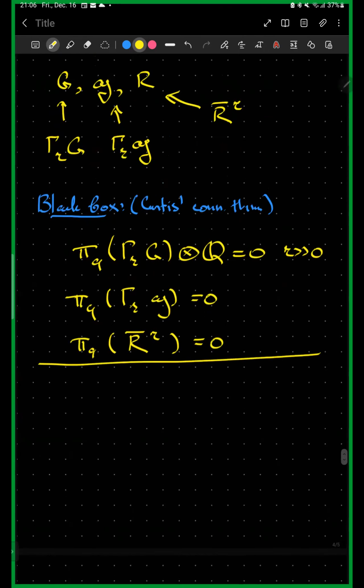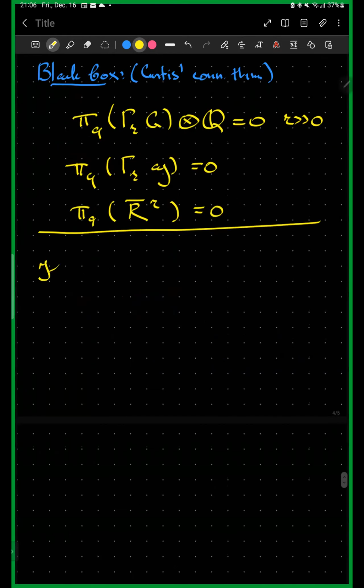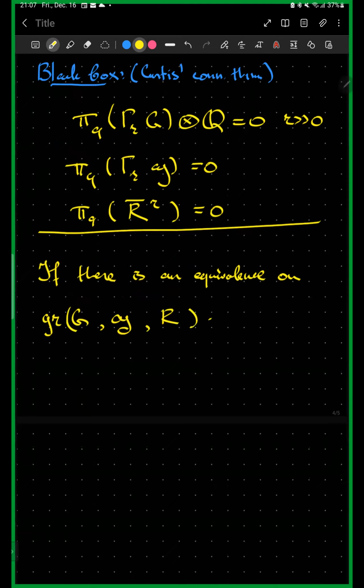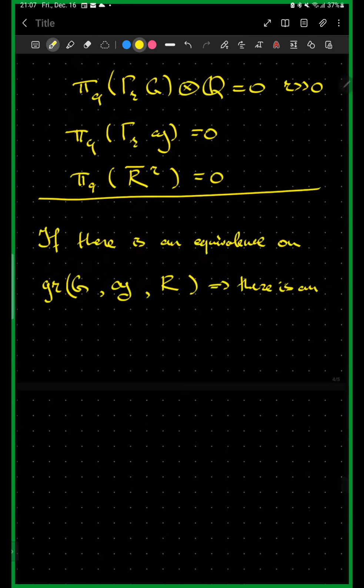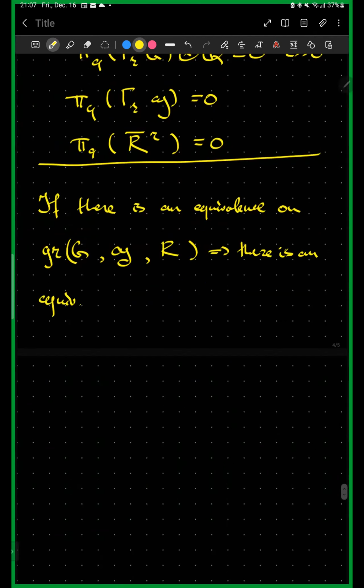And if we have this statement, it means that if there is an equivalence on graded objects, there is an equivalence on objects themselves.